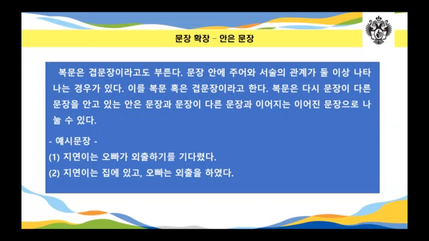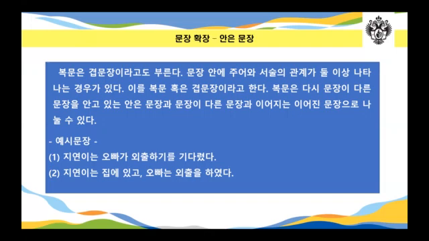Number 1 and 2 are both complex sentences in which the relation between the subject and the predicate appears more than one time. In this case, 1번, the sentence 지연이는 기다렸다 is the embedded sentence, 안은 문장, with the sentence 오빠가 외출하다.